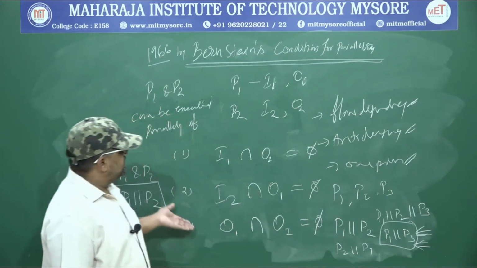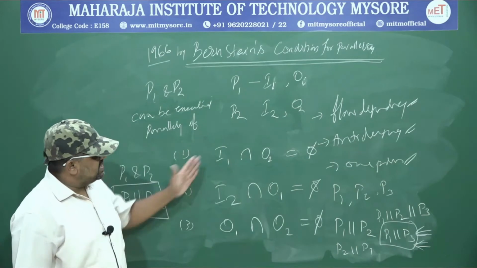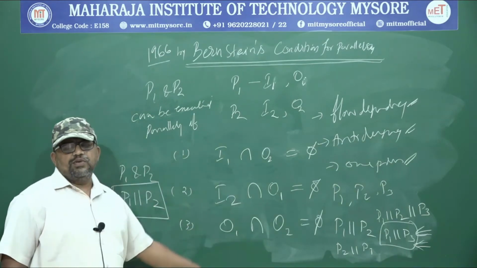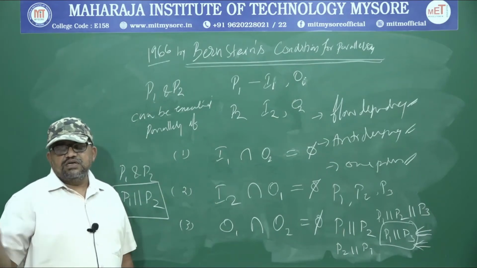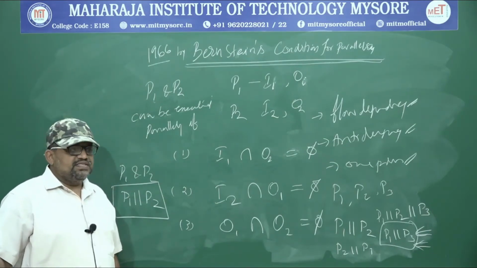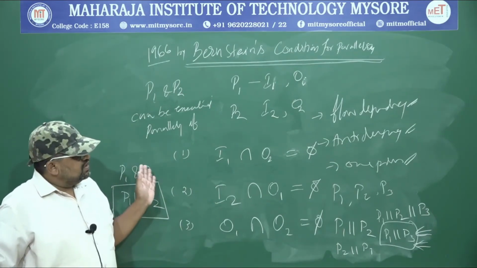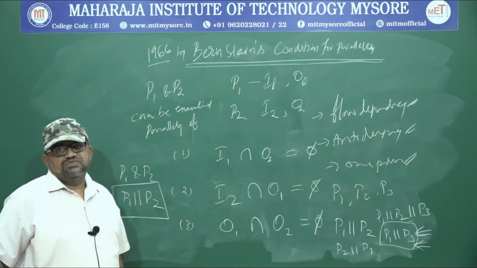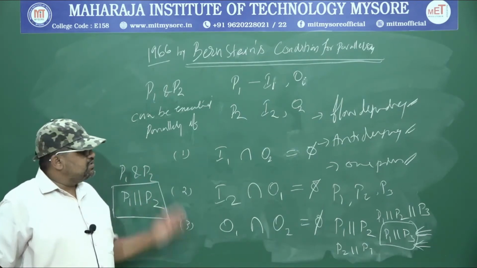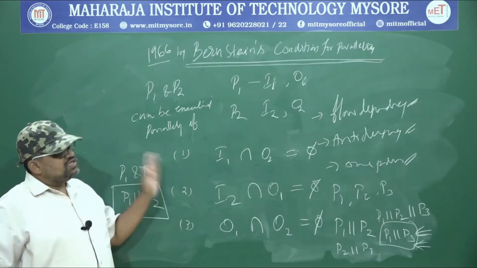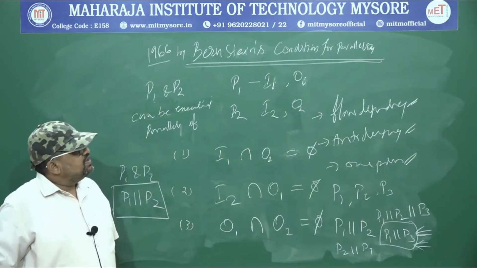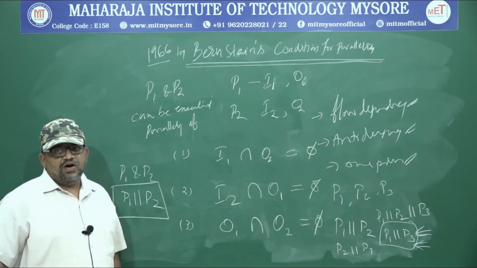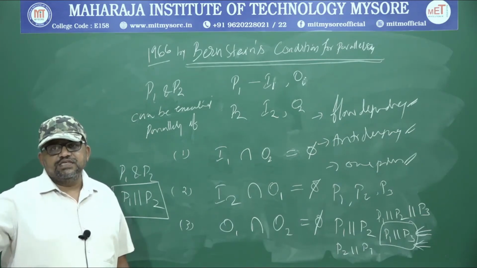Clear with this? Right, now to make you better understand this, we'll solve a small problem on Bernstein's condition, because your textbook has given an example and there are many problems in the exercise. We'll take up one problem and try to derive whether it could be executed parallelly or not.